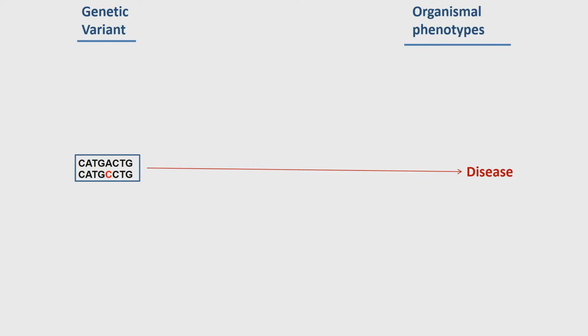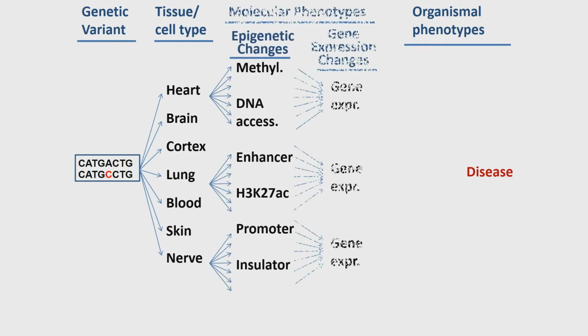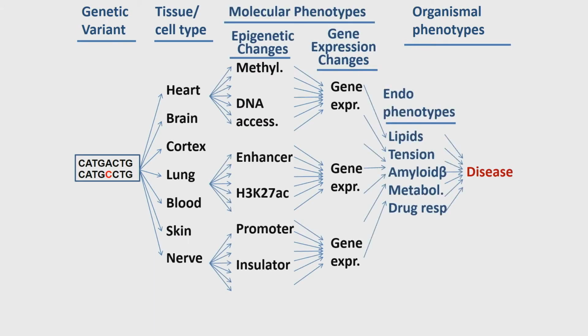In addition to profiling these reference epigenomes, we're also profiling the variation across individuals, not just in genetics, but also in all of these intermediate phenotypes to figure out what are the tissues, what are the genes, what are the regulatory control regions, and what are the intermediate endophenotypes that are affected by the disease. And that is enabling us to paint a path of causality for how the disease is manifesting.